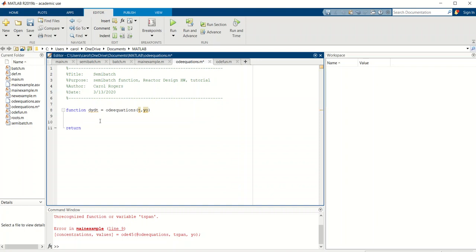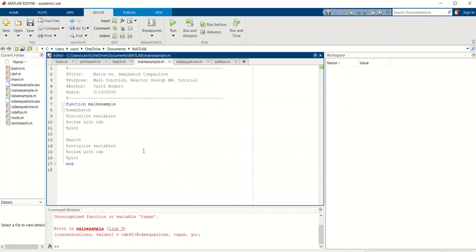So I'm going to say dy dt equals zeros 1 1. I know that this isn't right yet, but I just want it to be testable right now. Then these are highlighted only because they're not being used yet. So that's fine right now.